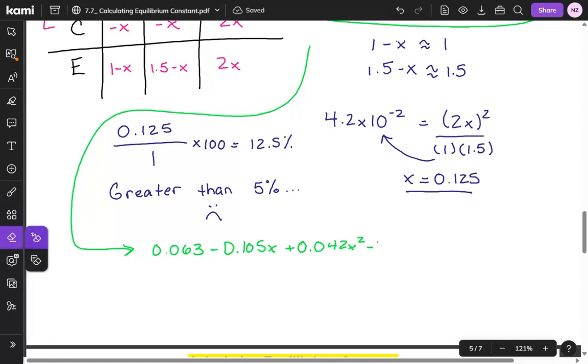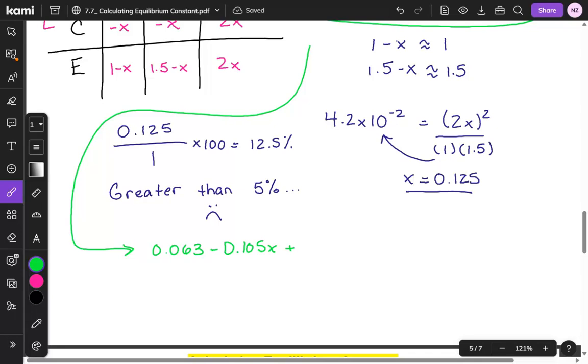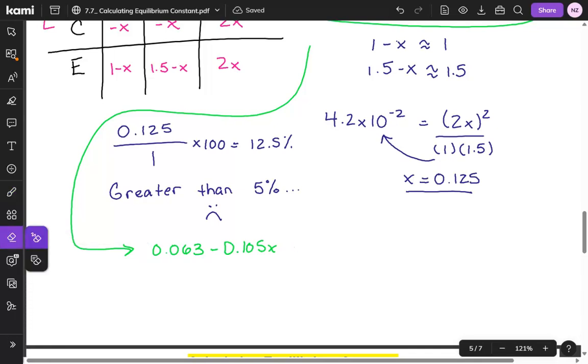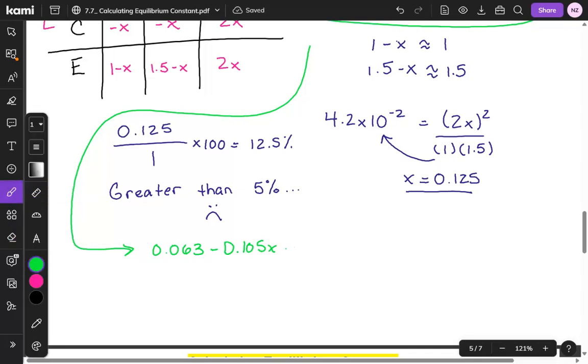Oops, I got to combine like terms. I missed a step here. Okay, so you'll get a really nasty quadratic. Make sure you combine like terms.